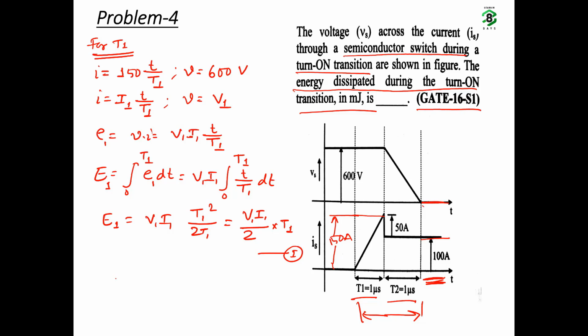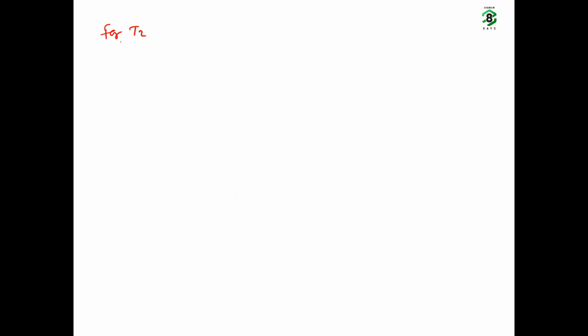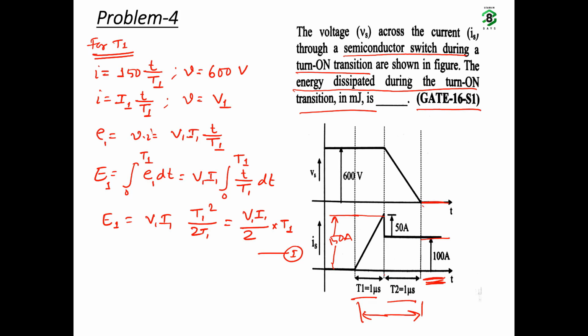Now we will calculate the energy loss for the duration of T2. For T2, the current I is a constant value at 100 ampere. Let's call 100 ampere as I2, and voltage during this duration is decreasing in nature.